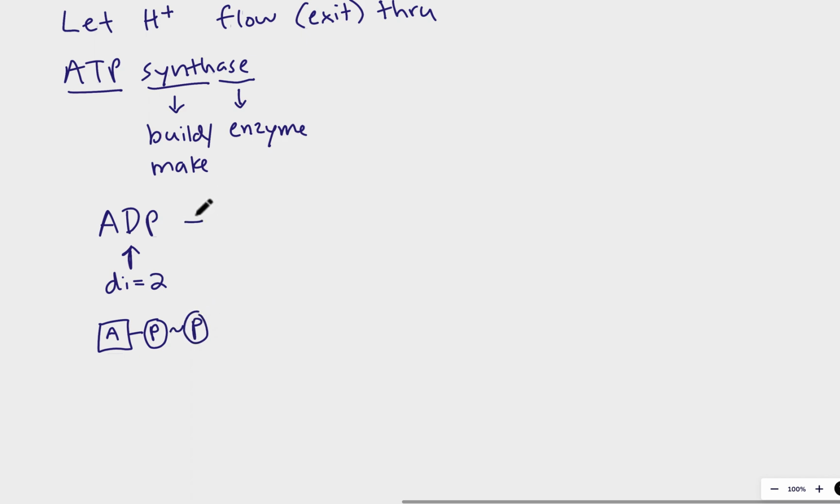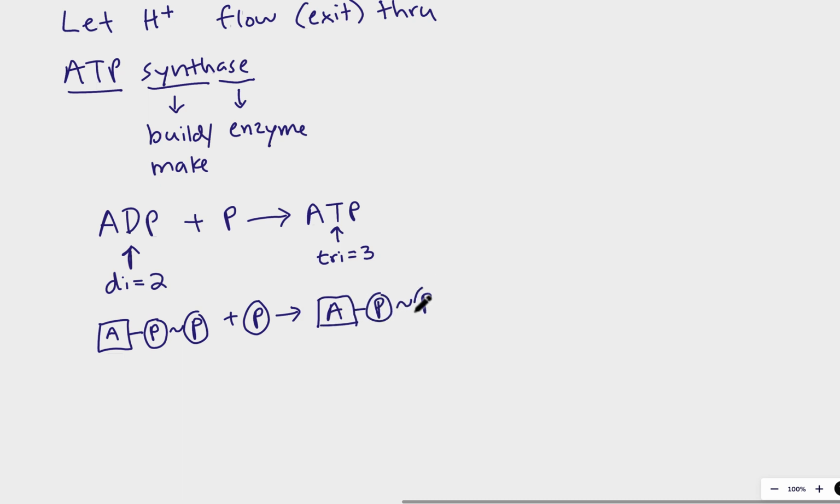And in order to make ATP, we need a third phosphate group. And the ATP synthase can stick those together to make the ATP, the adenosine triphosphate. Tri equals 3. So it sticks that phosphate on the end and makes it a very high energy molecule.